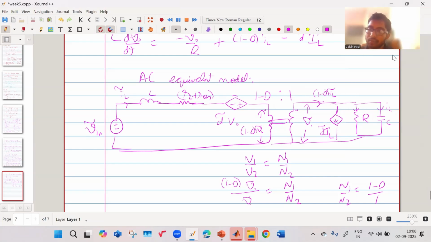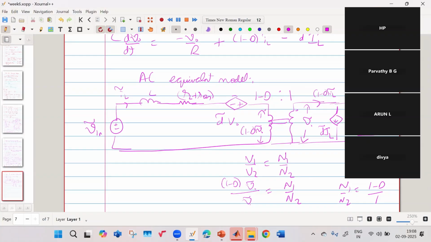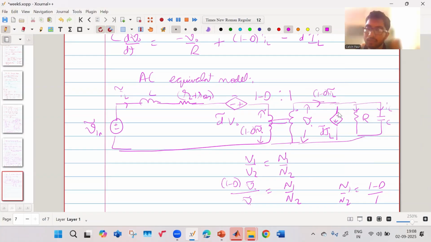What about others? Any doubts? Any queries here? Okay, so what we were trying to do is we have some parasitics, that is, we have RL and R1, and how they affect our overall AC equivalent model.